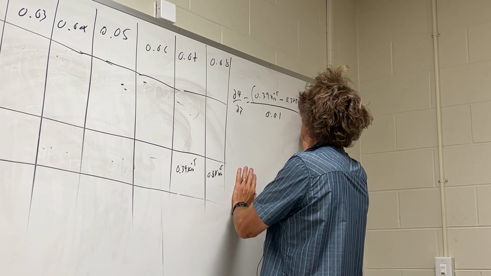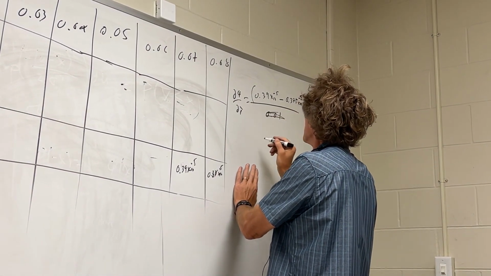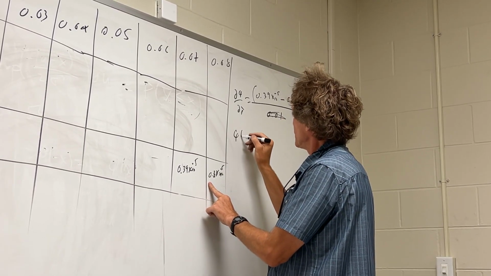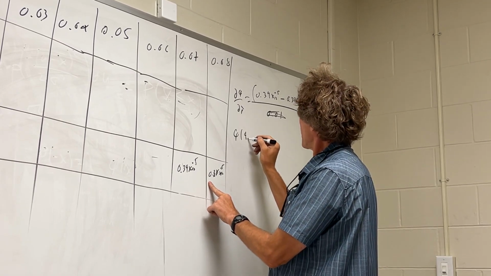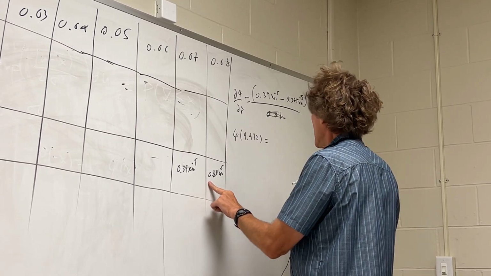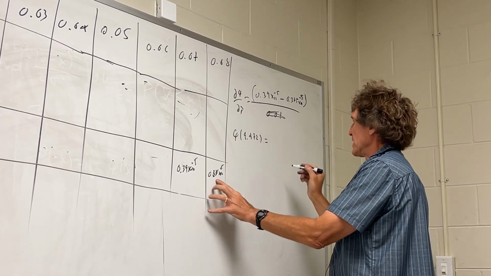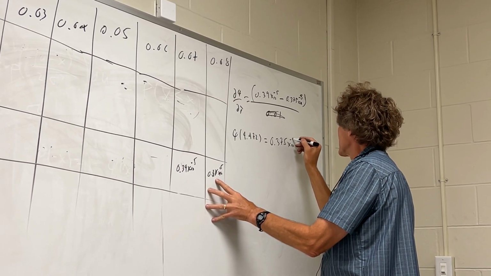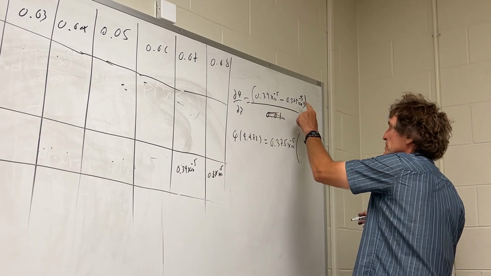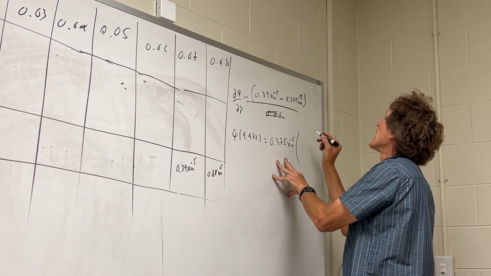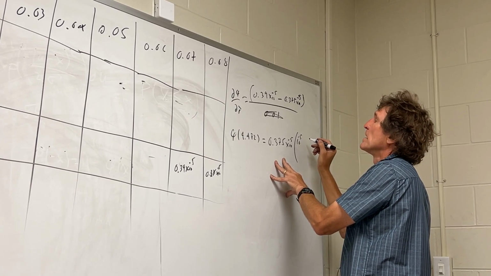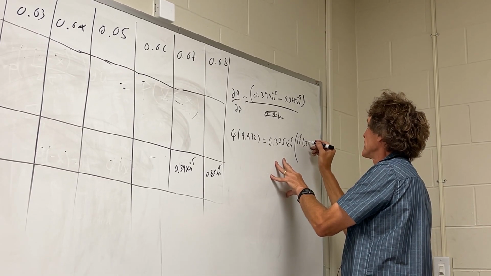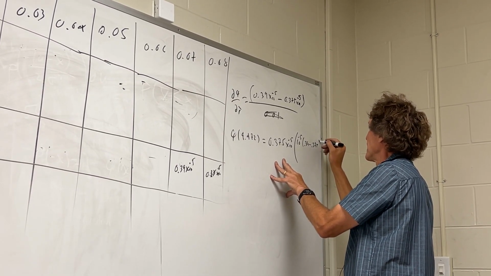Actually, you don't need this right here. If I want the actual value of the Q function, Q of 4.472, I'm going to take the lower value here, which is 0.375 times 10 to the minus fifth. Now I look at the difference from here to here. I can take the 10 to the minus fifth out in front, and then you have 0.39 minus 0.375.